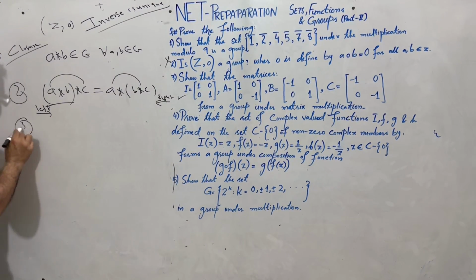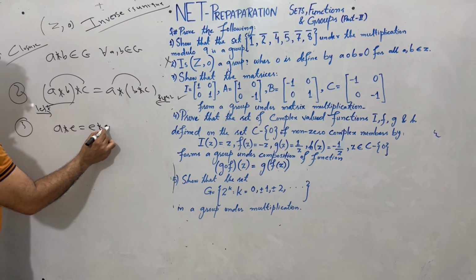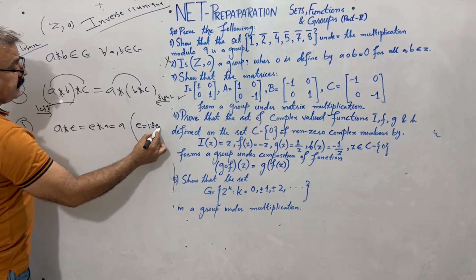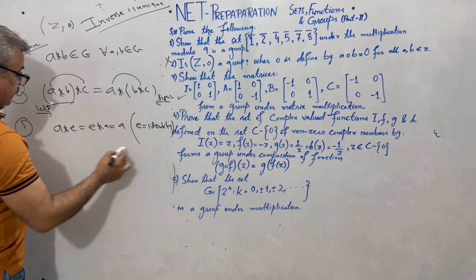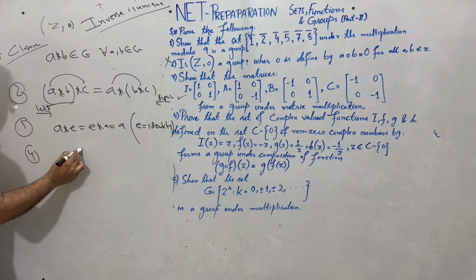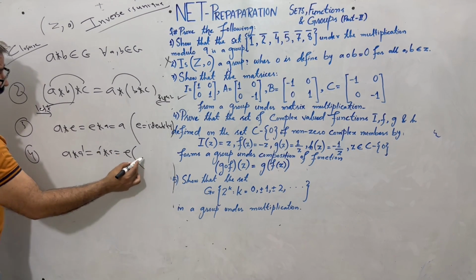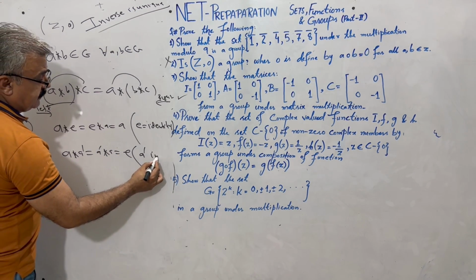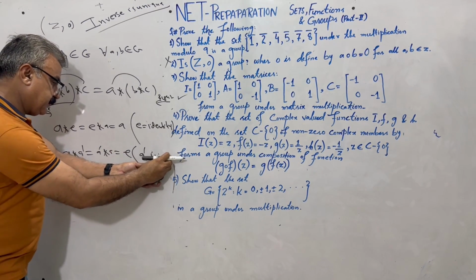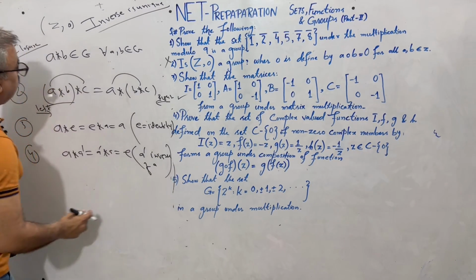Number three, identity: a star e or e star a always results in a, where e is the identity. Number four, inverse is unique: a dash star a always results in e, where a dash is the inverse of a.